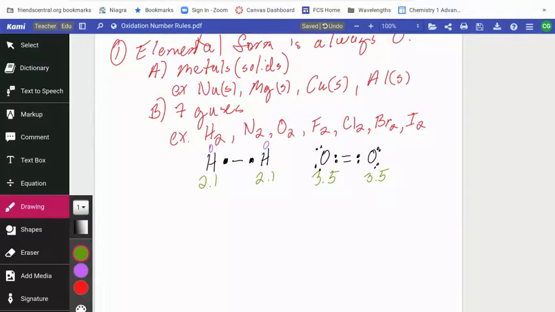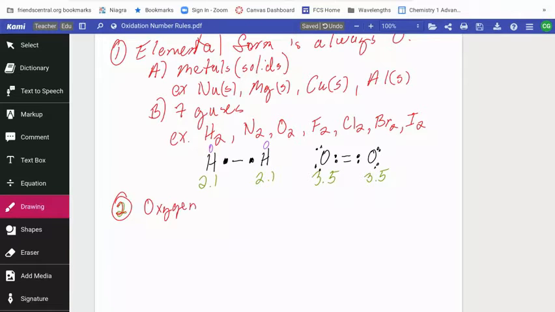Let's go with rule number 2. Let's try to go red, be consistent here. So rule number 2 says that oxygen is always, I should probably say almost, so let's do that.